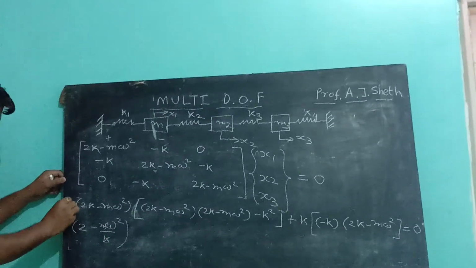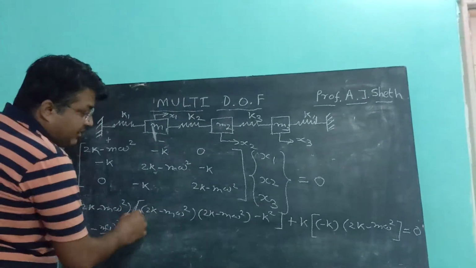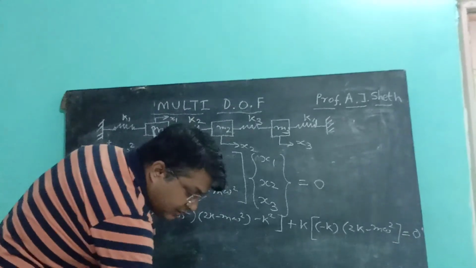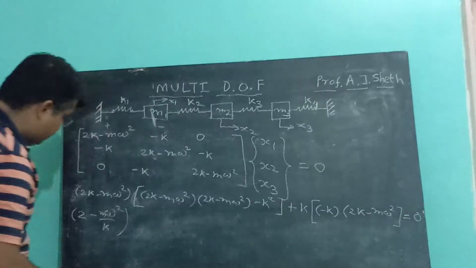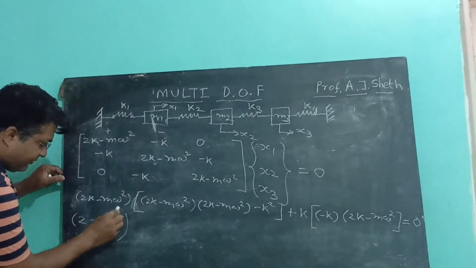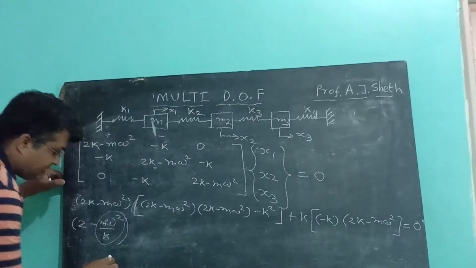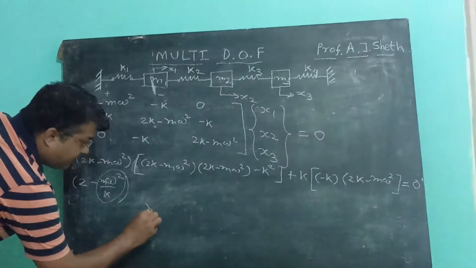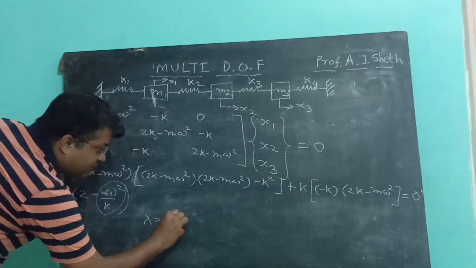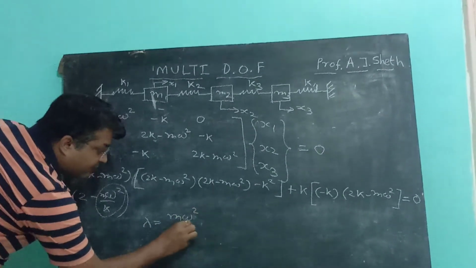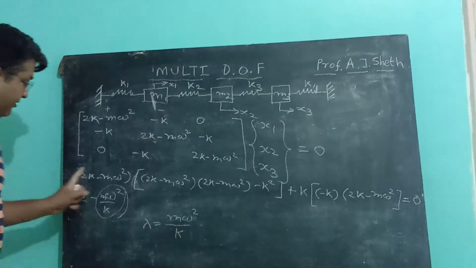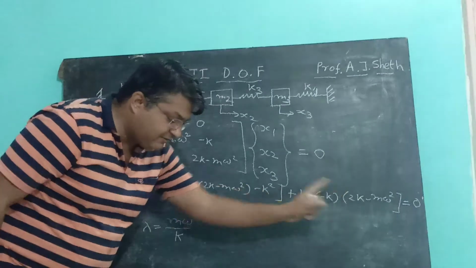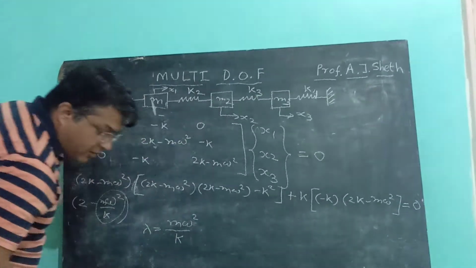We have taken k outside here, again k outside. So the final equation will be: let us assume first m omega square by k is equal to lambda. If we do this, finally the entire equation will be converted into this format.